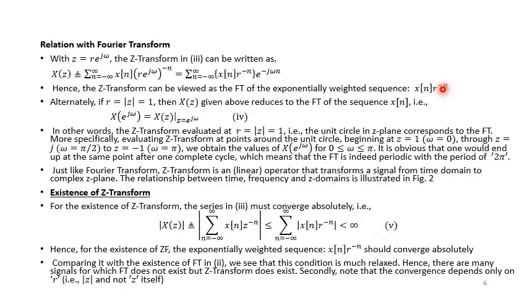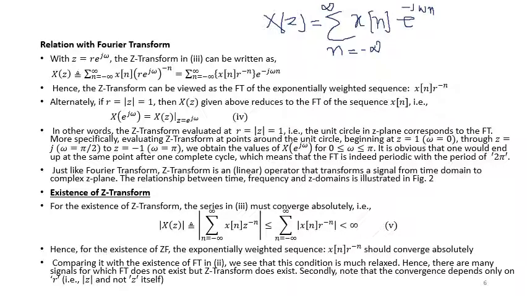Now, as I said on the previous slide, if r equals 1, in that case 1 to the power minus n results in 1. Putting this into the equation, we can see that this is basically the Fourier transform.